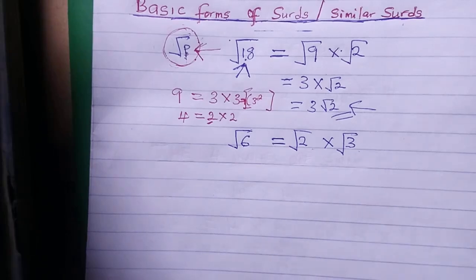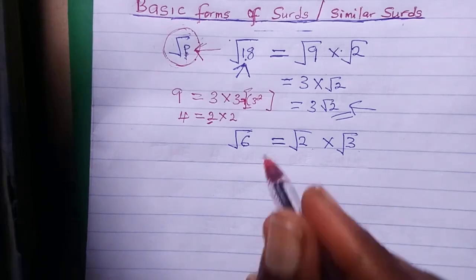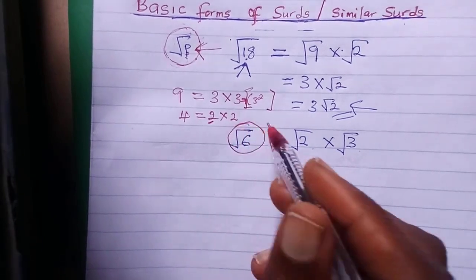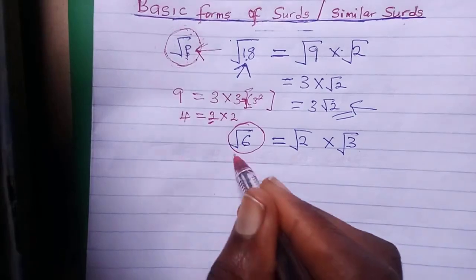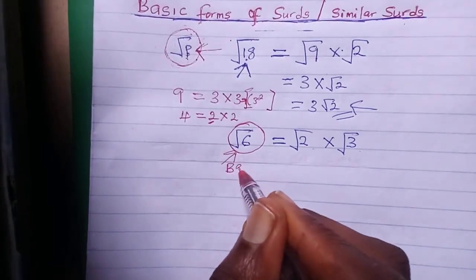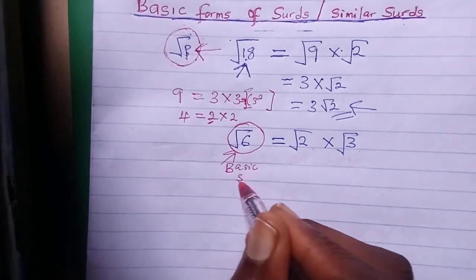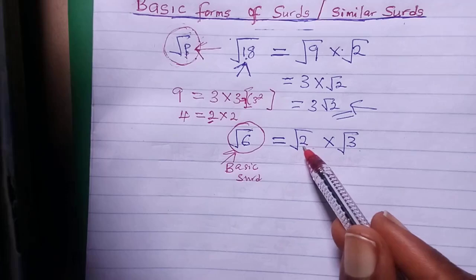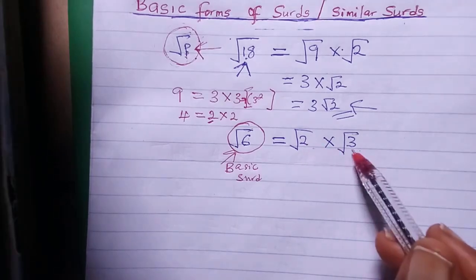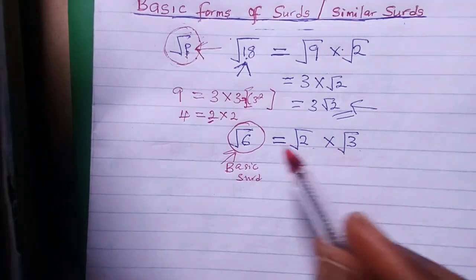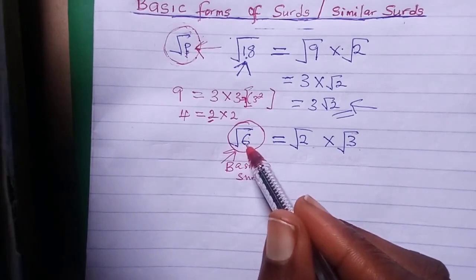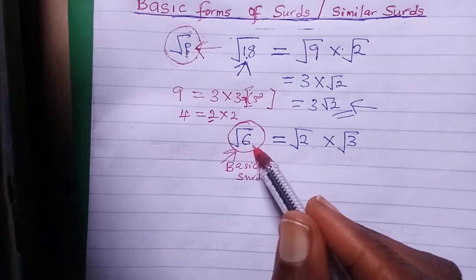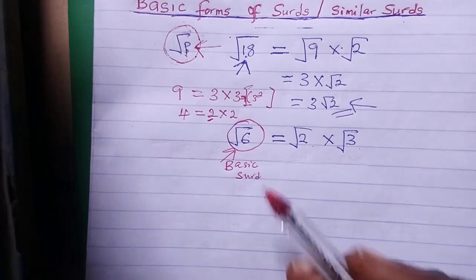So because of that, root 6 is a basic surd. Why is it a basic surd? Because after breaking it down into 2, none of the numbers is a perfect square. So we say that this root 6 is in its basic form, or is a basic surd.